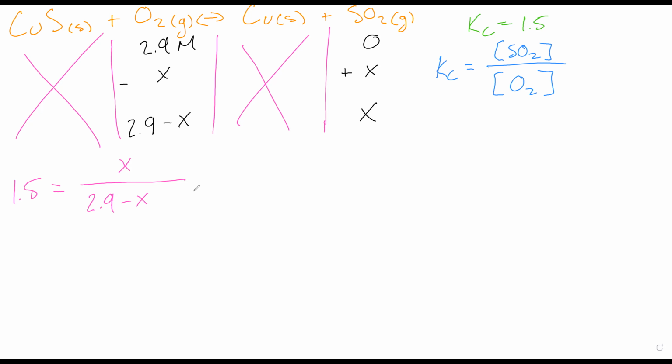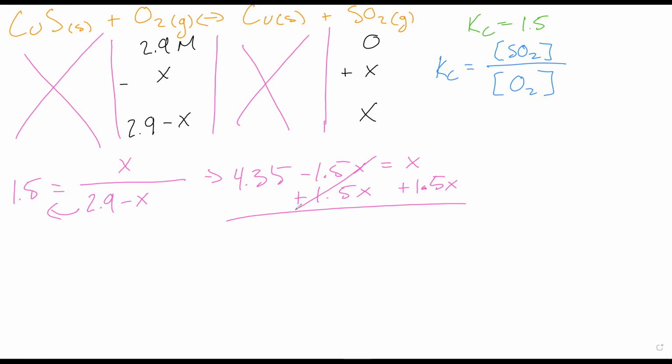Now this one I actually worked out properly. Multiply 1.5 times 2.9 and 1.5 times negative X. This will change to 4.35 minus 1.5x equals X. Add your X to both sides. Cancel out.